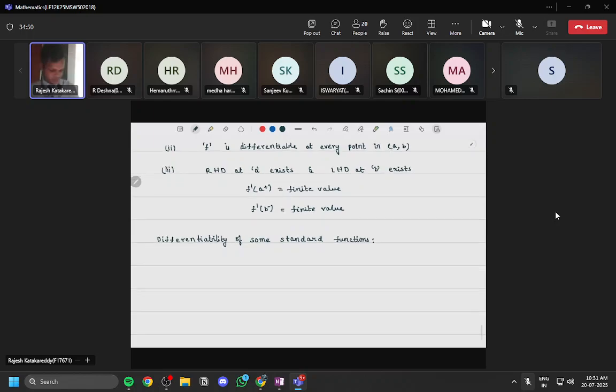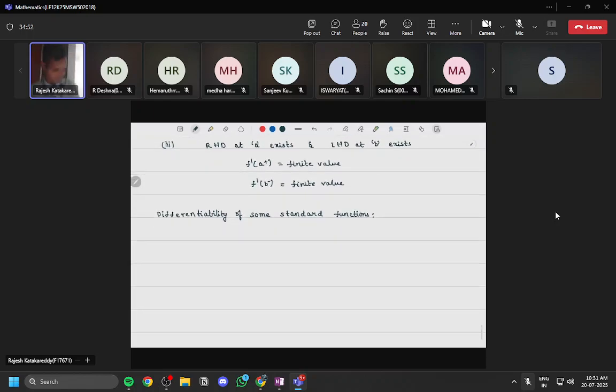Differentiability of some standard functions. In one point, we'll write about all the functions.